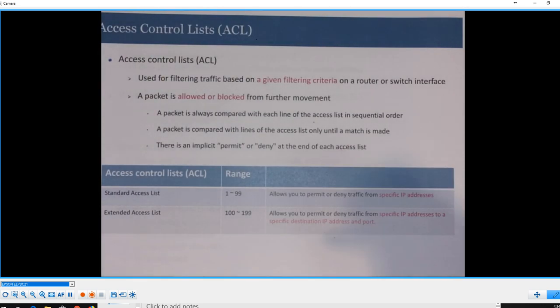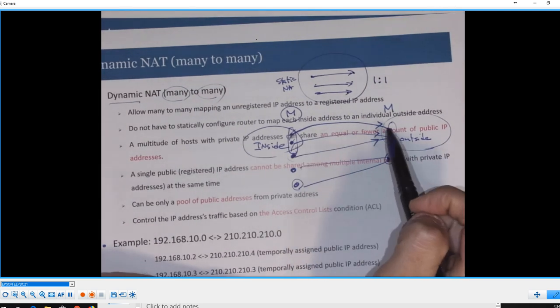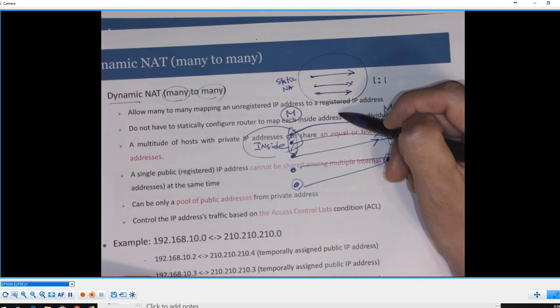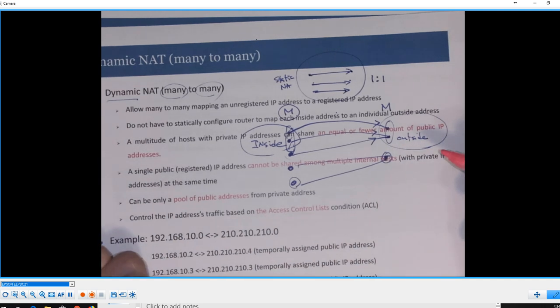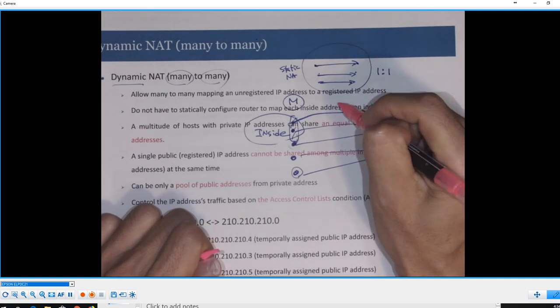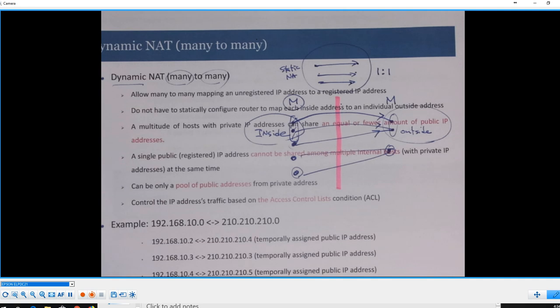And you know that when it's translated, you can apply something called, hold on, you can apply something called an access control list. So you can actually apply an access control list here.